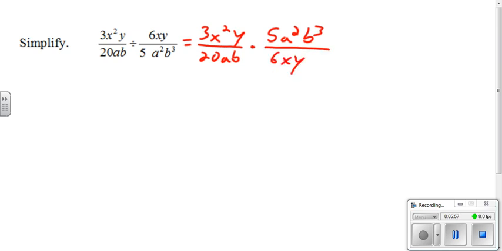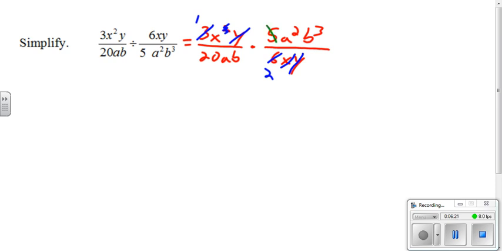And then from here you can do whatever method you like to cross them out. I'm going to use the diagonal method again. So we'll take 3 out of that, 3 out of that, 1x from here, 1x from here. Take out these y's.